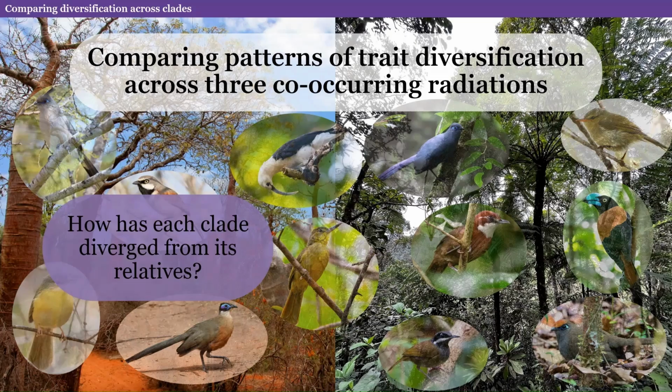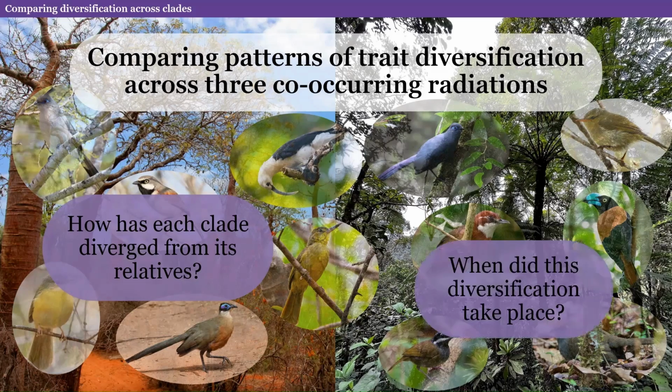I'm taking a similar approach to what I did with the Vangas, where I compare each clade to its relatives in order to look at how it diversified relative to these groups that don't live in Madagascar. And then I ask, again, when did this diversification take place, looking at that timing of diversification.